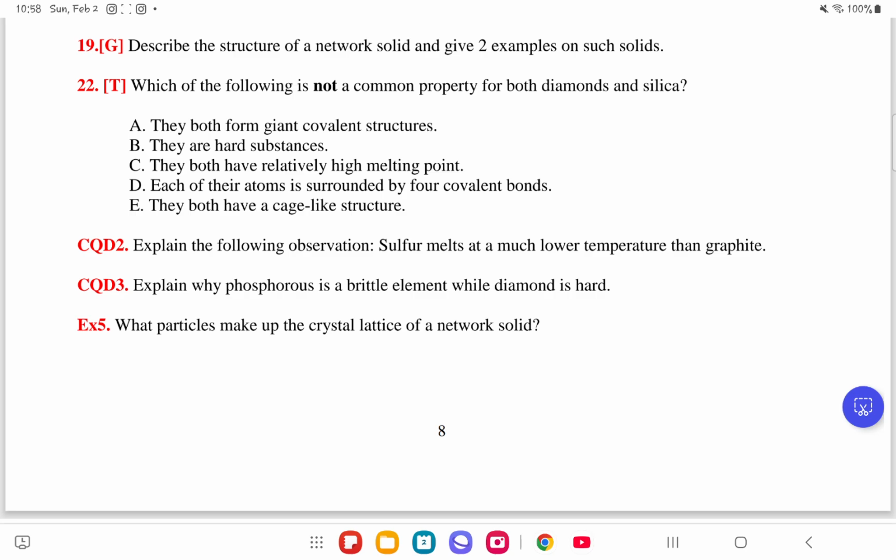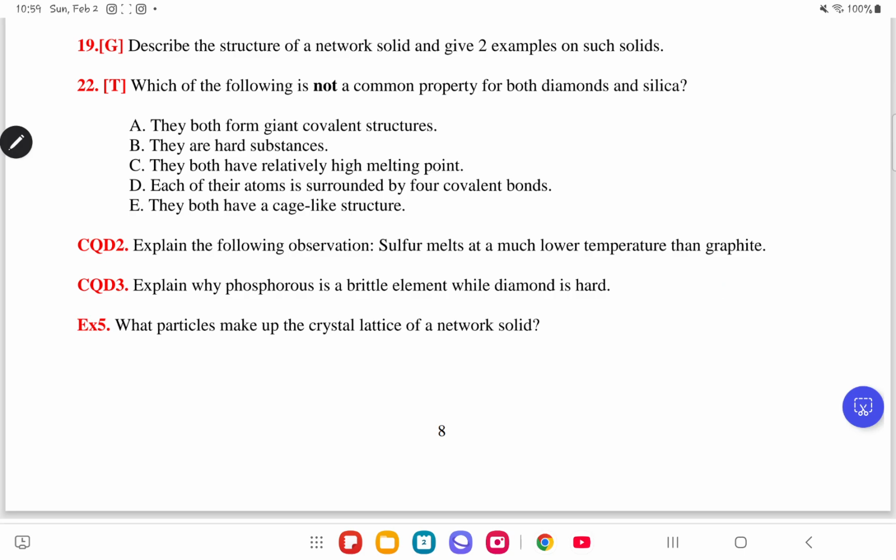And this is what makes the network solid very strong, because they're sharing electrons. Now, to give 2 examples of such solids, we have diamond and SiO2. Okay, you can put any other 2 solids, for example, graphite, silicon IV, quartz, whatever.